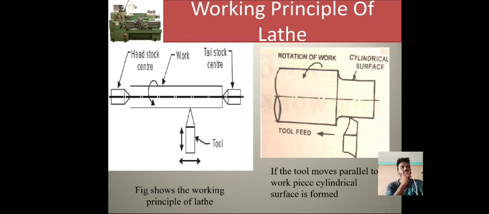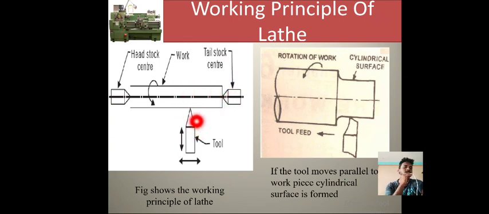Yes, you can observe, this is the material which has been kept between the headstock center and the tailstock center, and the work material will be here, the tool will be here. As soon as the tool is held in the tool post, the headstock which contains the chucks, the tailstock which is having the center, and this is the work.